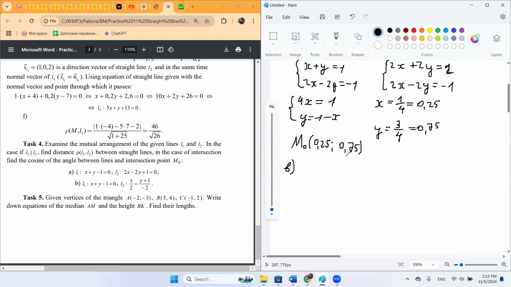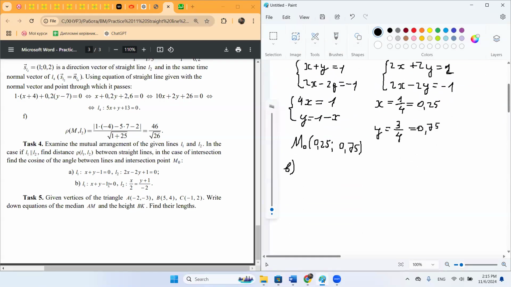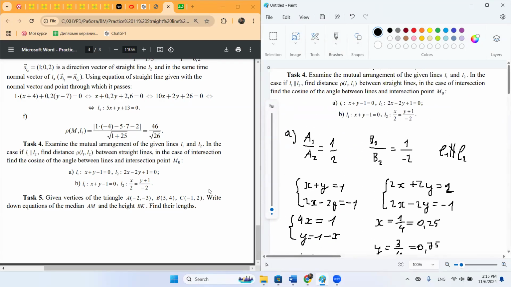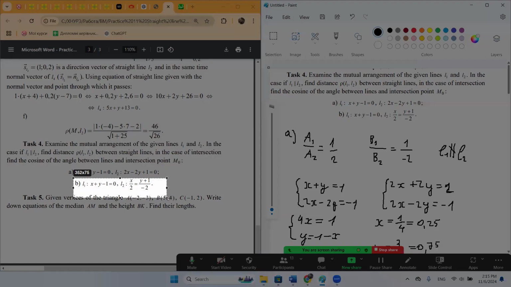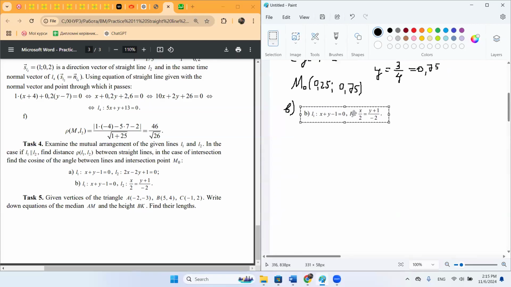And now we need to check part B. As we can see here, for case B, one equation is in canonical form and the other is in general form. So we need to rewrite it to one form. So what can we do basically? We don't need any special form, but for our convenience, so what do you suggest?